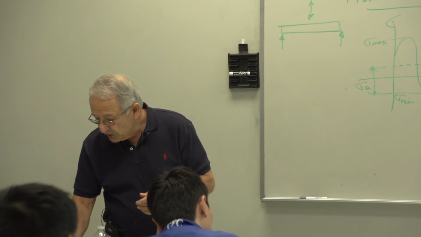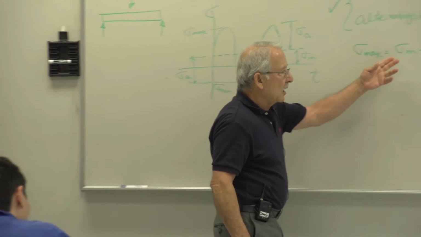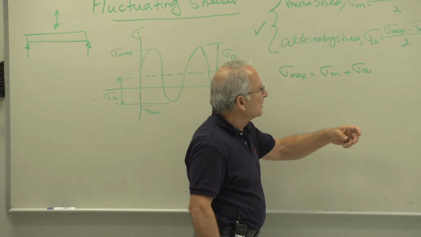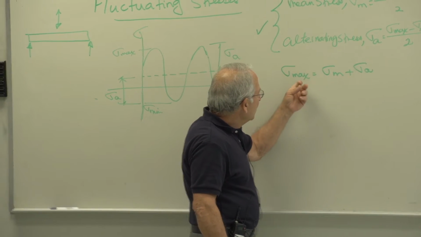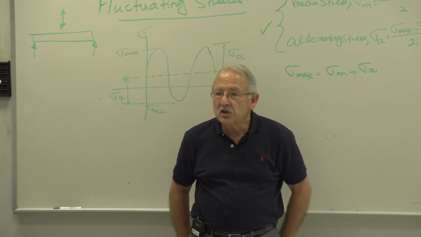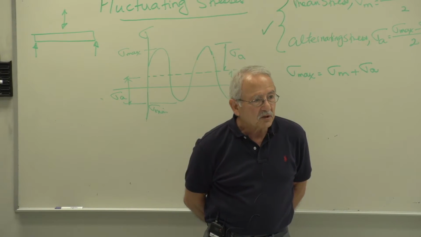What if I increase the mean stress and I have a corresponding alternating stress, of course, until sigma max reaches the yield strength of the material in a ductile material?